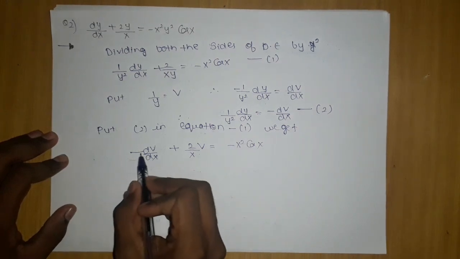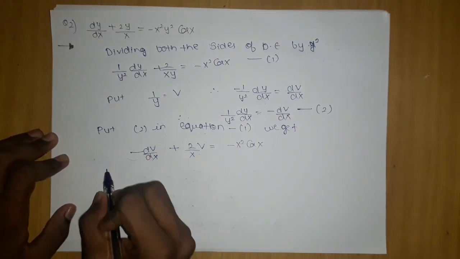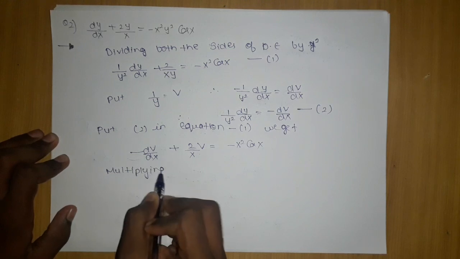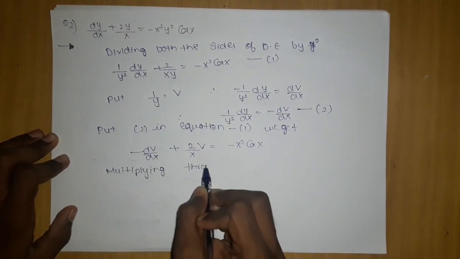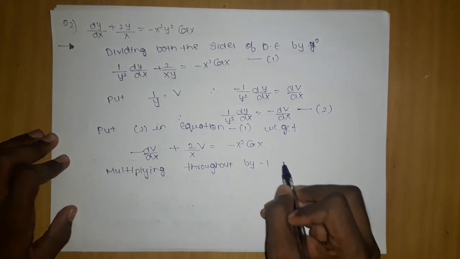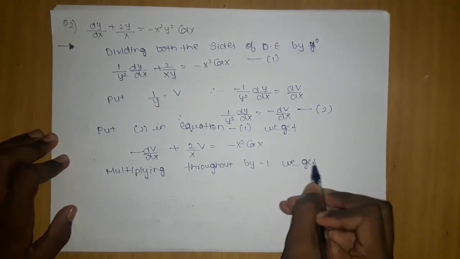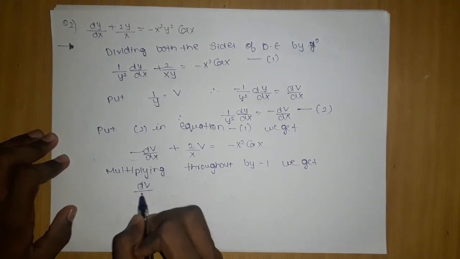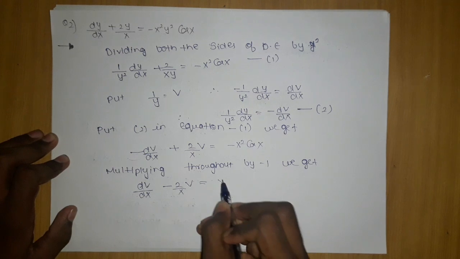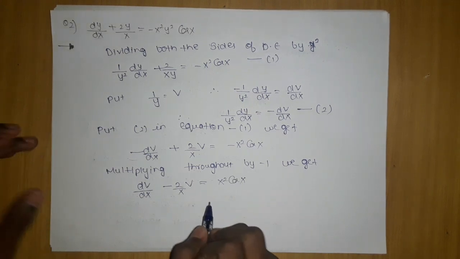Now since the coefficient of dv by dx should be 1, multiplying throughout by minus 1, we get dv by dx minus 2 by x into v is x square cos x, right?